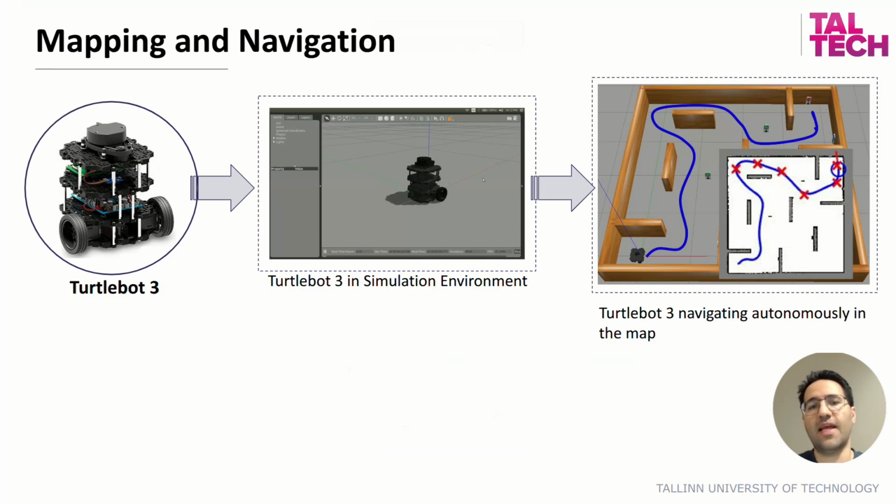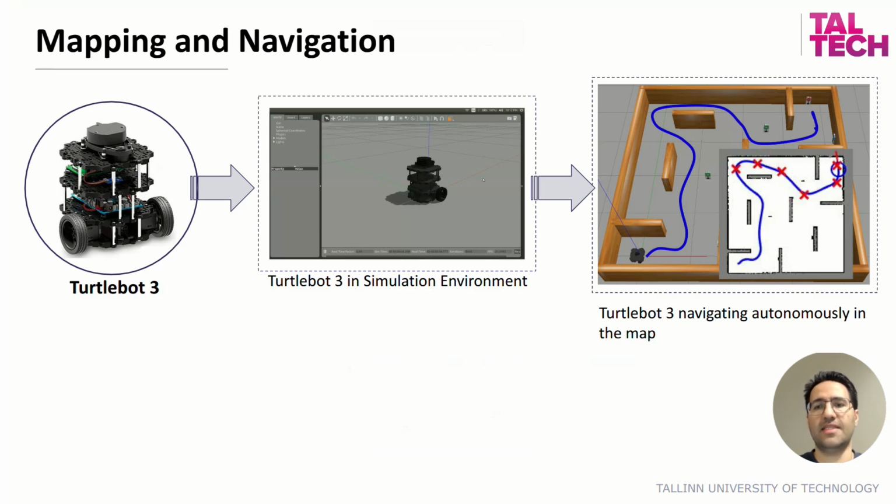But we will have a specific task here. First of all, we need to map the environment. Instead of manually moving the robot and navigating it to collect the data from the environment, we will go through the environment autonomously, using just the sensor measurements and collecting the map of that specific custom environment that you will later build.